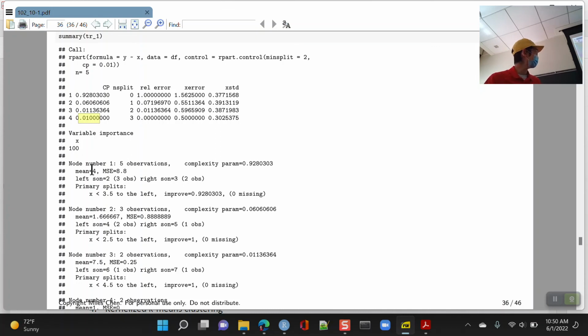And so here it says which node and which split we have. Node number 2 corresponds to a complexity parameter of 0.0606.